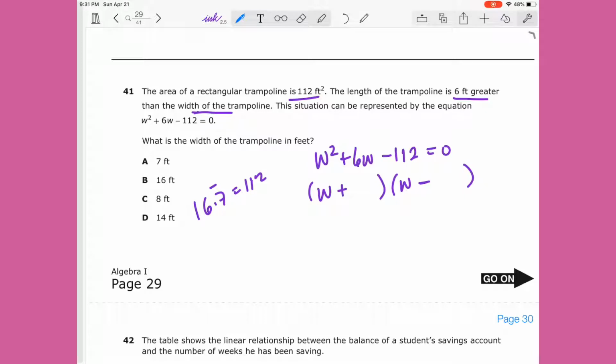So let's see what else we can use. So we got 112. We have 28 times 4. That's not going to work. Let's try, nope.